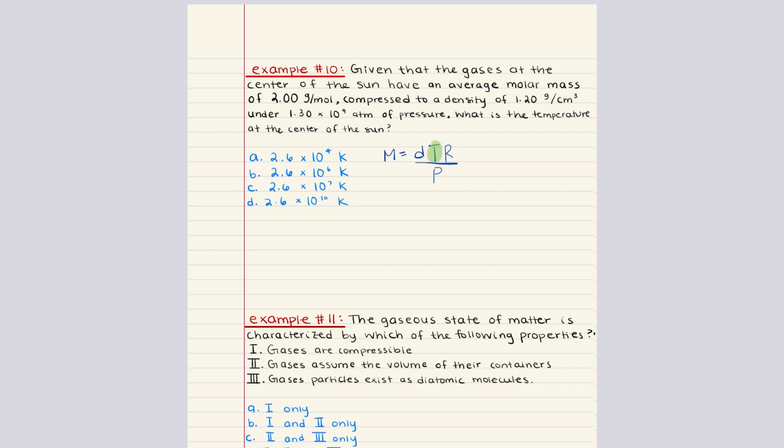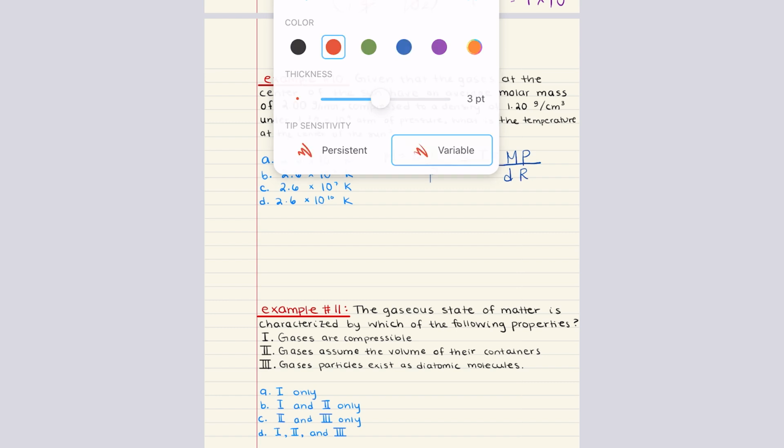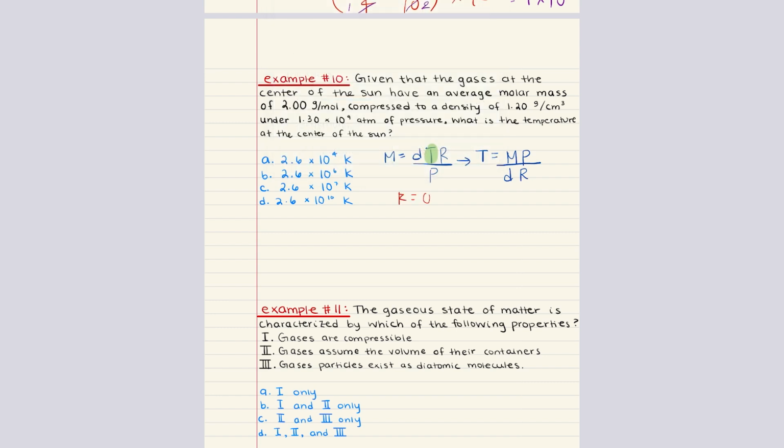Now our goal is to solve for temperature, so let's isolate this variable and redefine this equation as temperature is equal to molar mass multiplied by pressure over density multiplied by the ideal gas constant. Now the ideal gas constant, R, is equal to 0.0821 liters times atmosphere over moles times Kelvin.